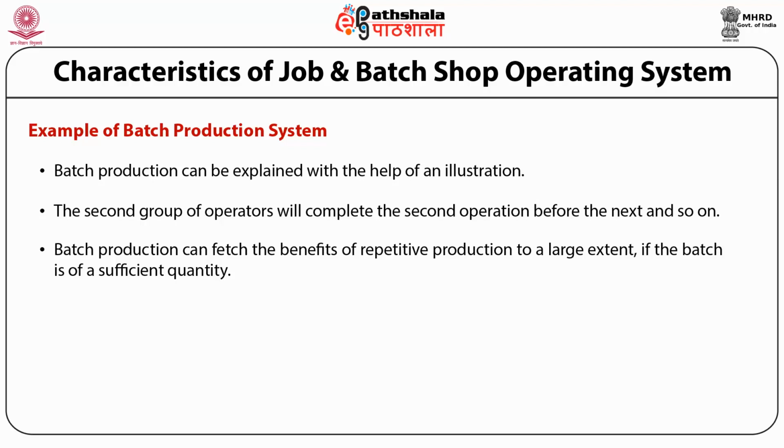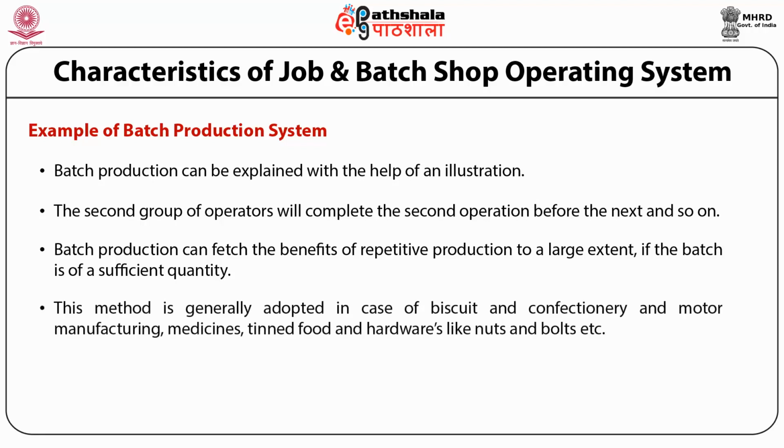Thus, batch production may be defined as manufacturing of a product in a small or large batch or lots by series of operations, each operation being carried on the whole batch before any subsequent operation is operated. This method is generally adopted in case of biscuit and confectionery and motor manufacturing, medicines, tin food, and hardwares like nuts and bolt types, etc.